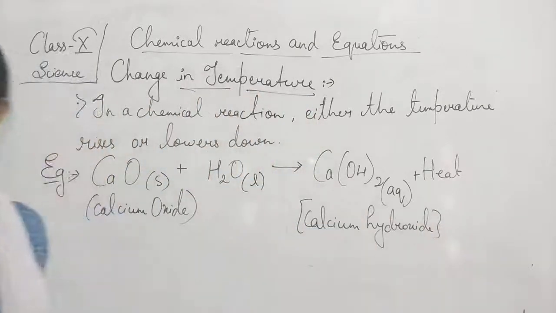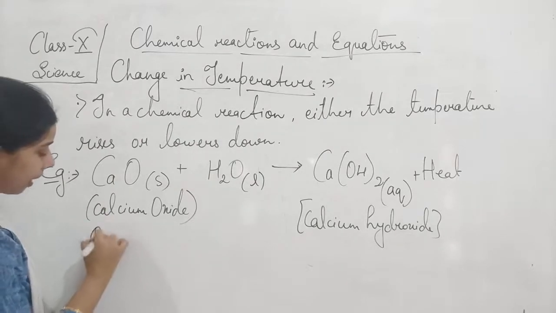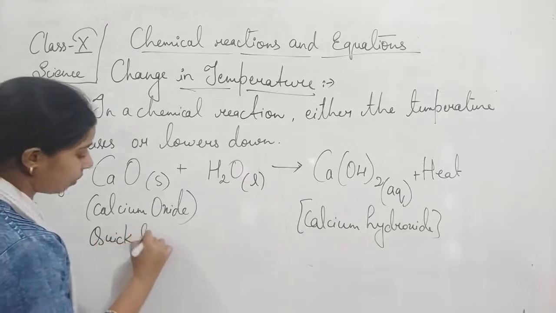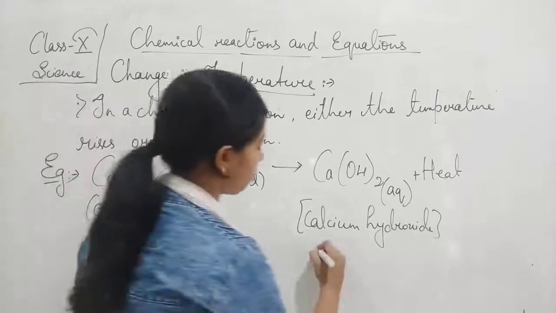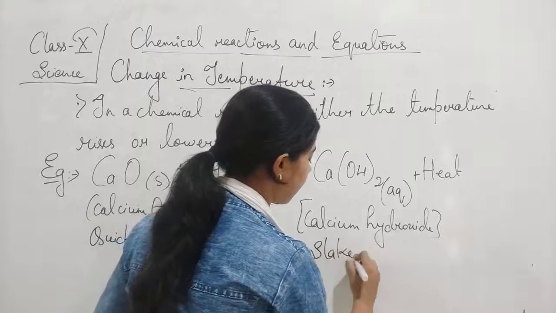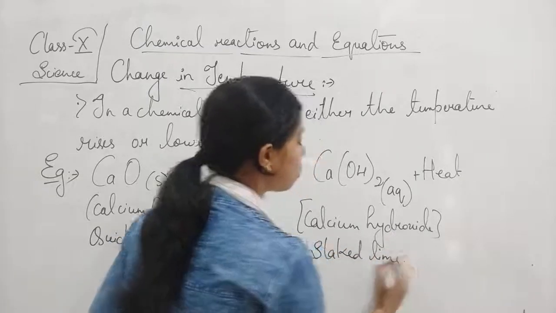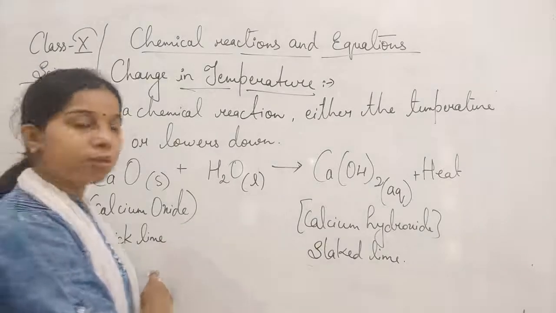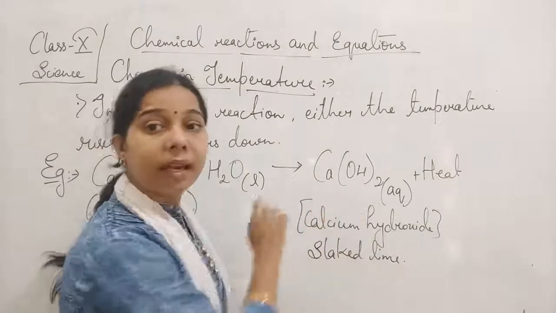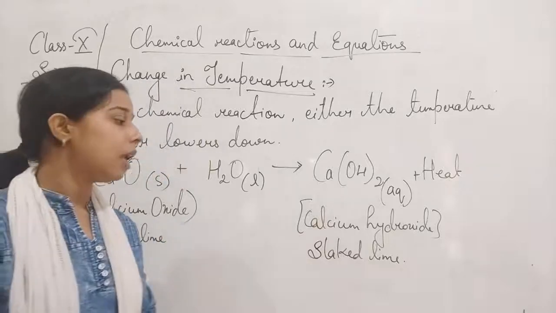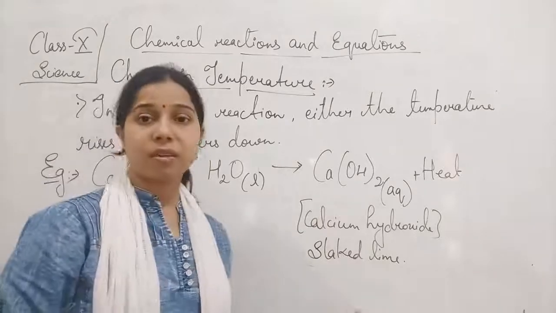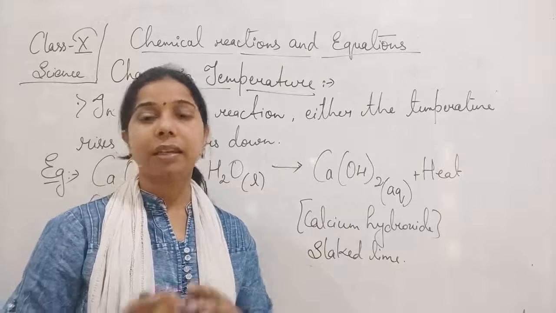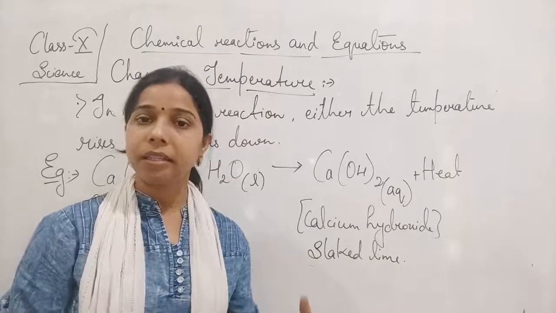Calcium hydroxide, students. Now see, we use another term for calcium oxide, and that is quicklime. And calcium hydroxide is also called slaked lime. So when water is added to quicklime, there is a formation of slaked lime, that is calcium hydroxide, and after its formation, a lot of heat energy is produced.